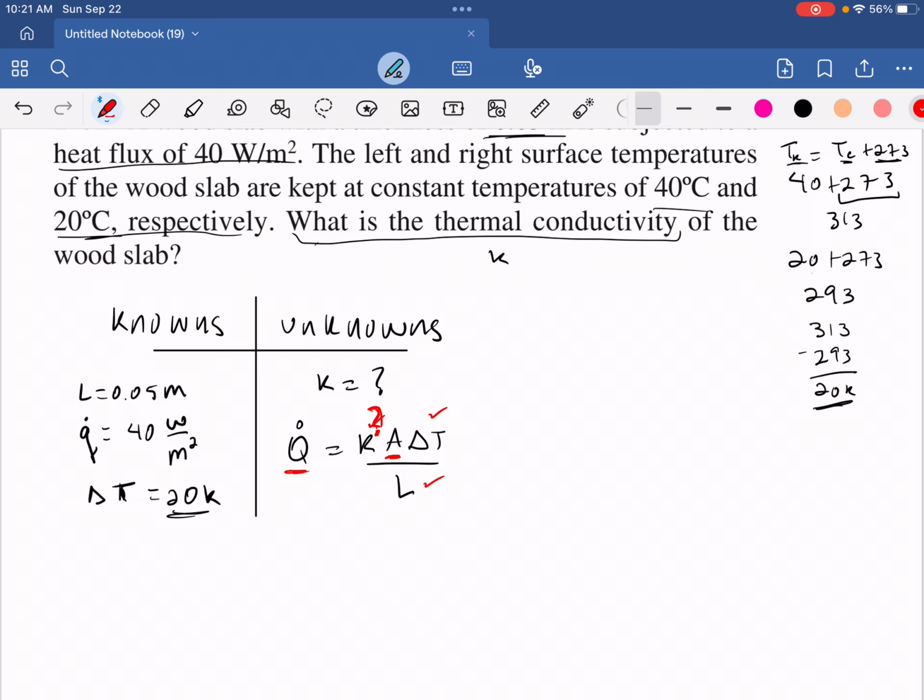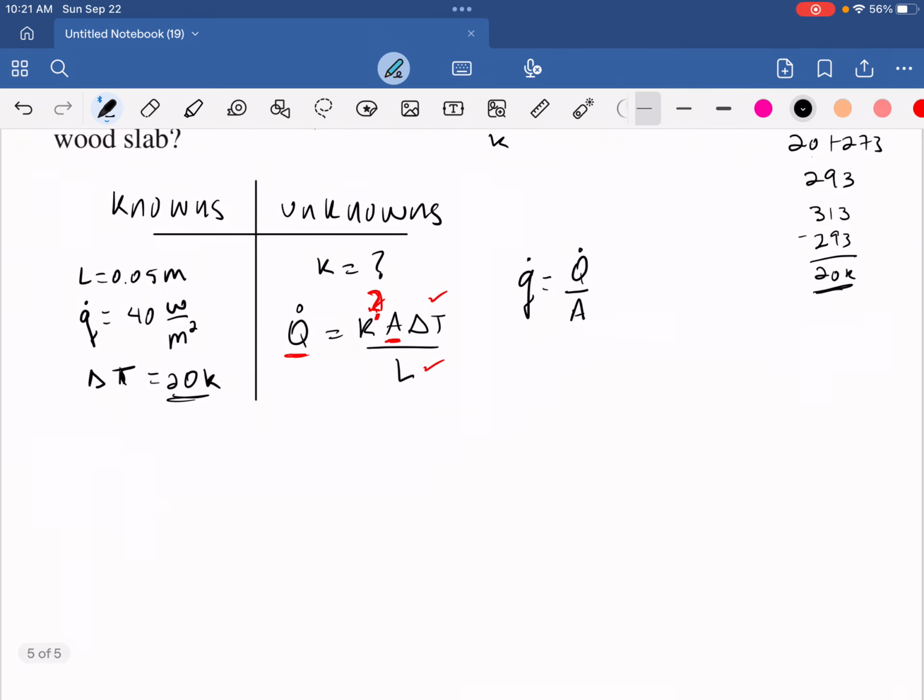But I do know that heat flux is actually equal to Q dot, the rate of energy transfer, over area. So what I can do is substitute this Q dot with this formula.